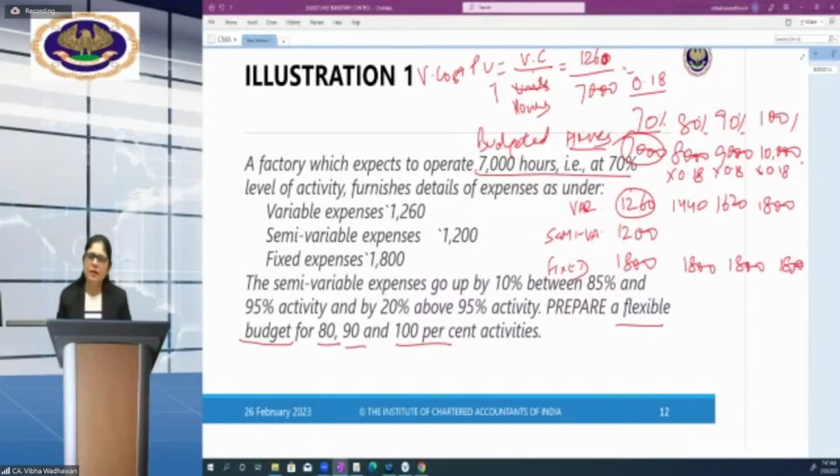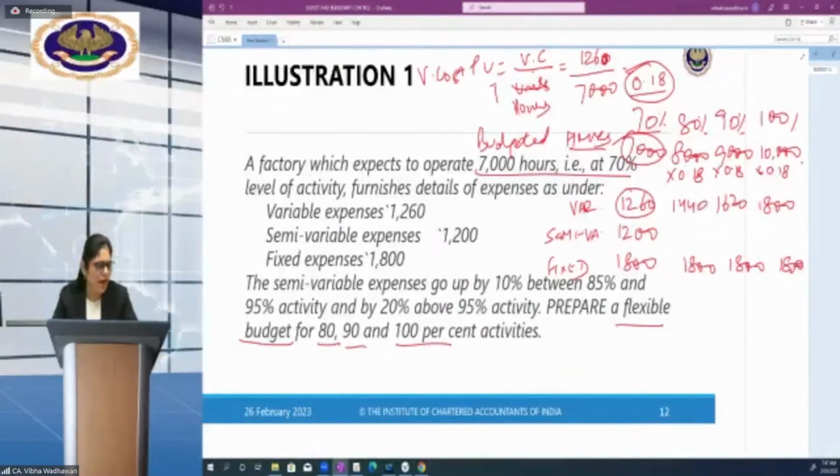So for the variable cost, first step, calculate the per unit or per hour variable cost, and then multiply it with whatever level of activity is given in the question. Variable cost per unit will always be constant. It will be 0.18 for every level of activity in this question. So it always remains constant.